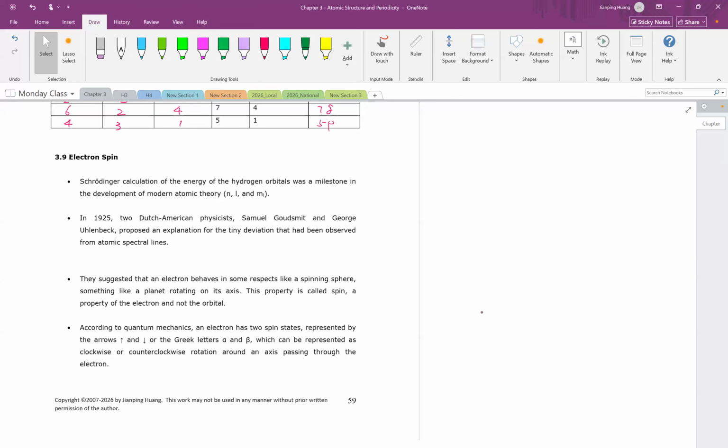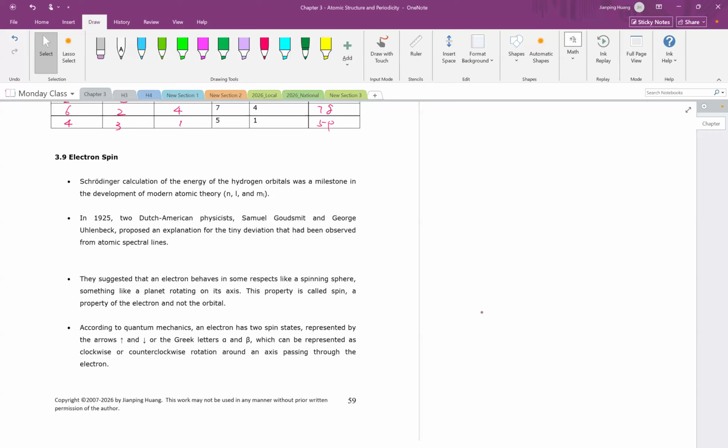The principal quantum number, the angular momentum quantum number, and the magnetic quantum number. Very good. Now, an orbital requires 3 numbers, not 1, not 2: n, l, m sub l. We did a lot of practice today.